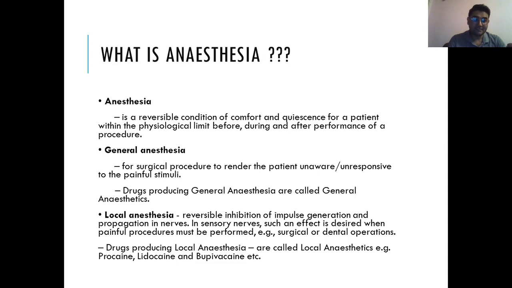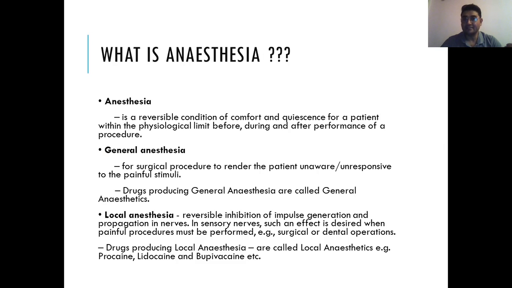So what is anesthesia? Anesthesia is a reversible condition of comfort for the patient within the physiologic limit before, during, and after performance of a procedure. In the definition of anesthesia, we have two main parts.